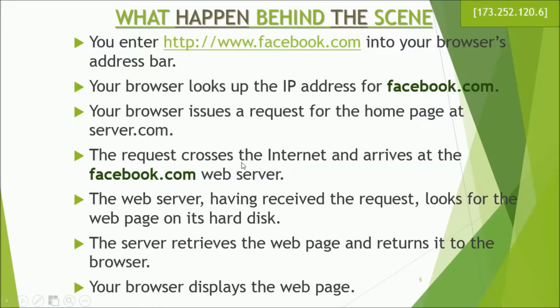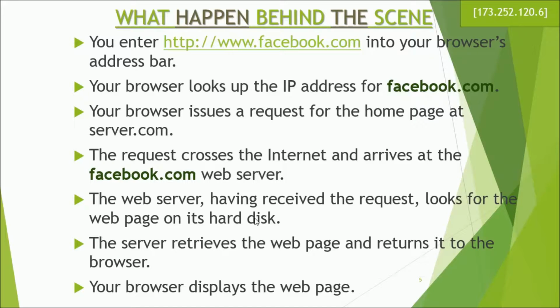Now the request crosses the internet and arrives at the facebook.com server. The web server, having received the request, looks for the web page on its hard disk. The server, having received the request from your browser, then looks up the browser using the IP. Remember, we sent an IP address from your browser to the Facebook server.